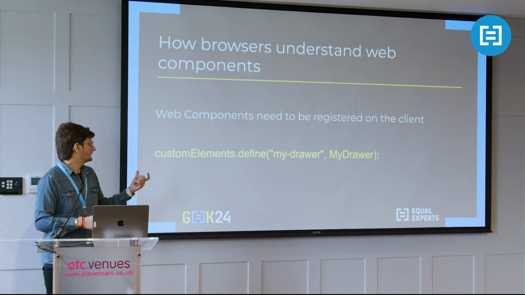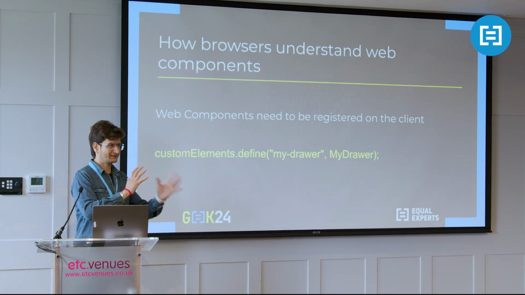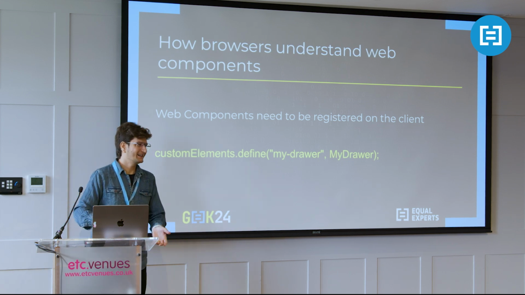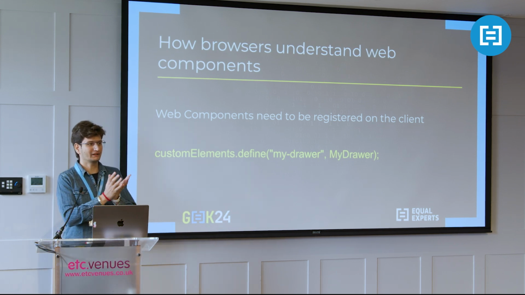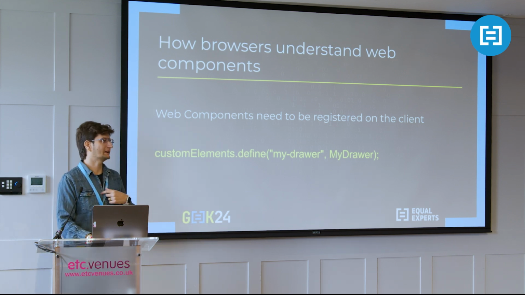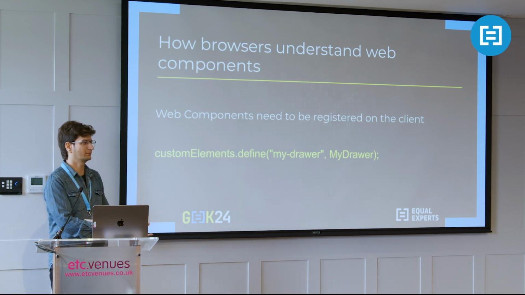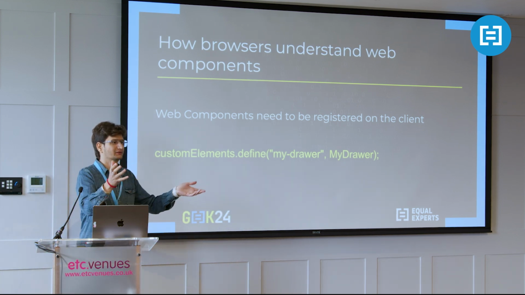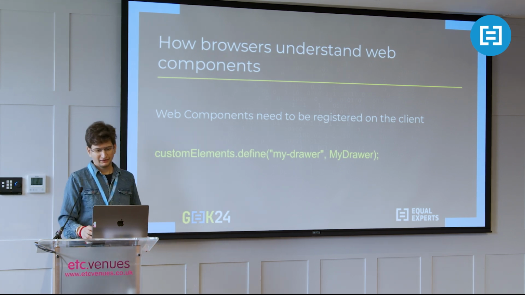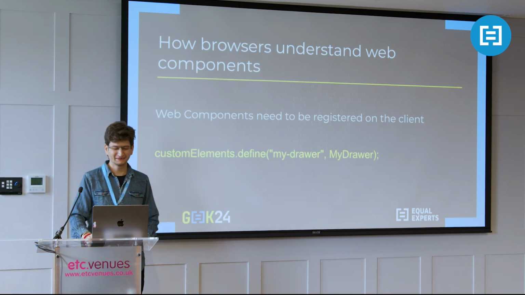Now, till the time this line is executed on the client, and this is very important in the context of the whole next session, till the time my web component is registered on the client, it will not work, because my browser is not going to understand what my drawer or my custom component is. It will just bluntly show nothing to the client or nothing on the browser. So just keep a note of it, because the whole thing will revolve around the same topic.